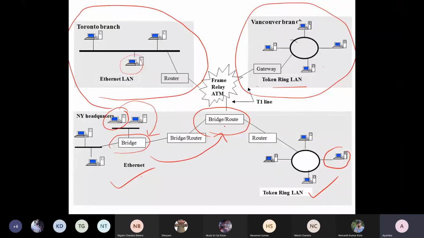Now this router may have some mapping, which will check where these destined requests are interested to go, whether to some component in this network or to this network. Based on that, the mapping of the destination path will be done and the request will be sent to this particular network, this token ring based LAN. And this way, the whole communication will take place.